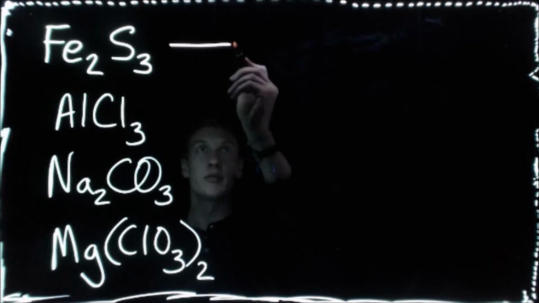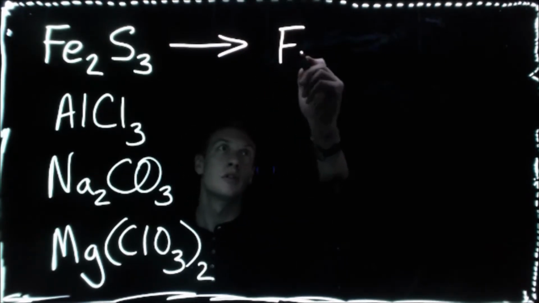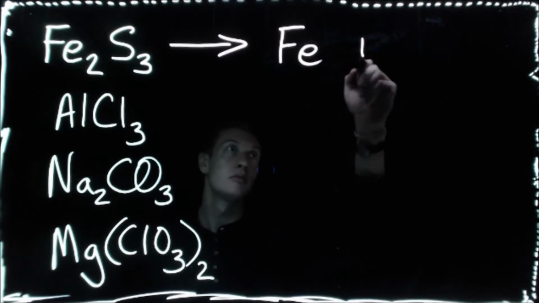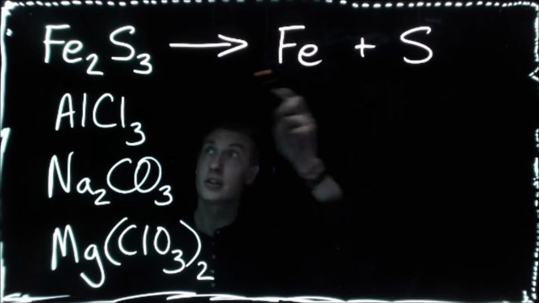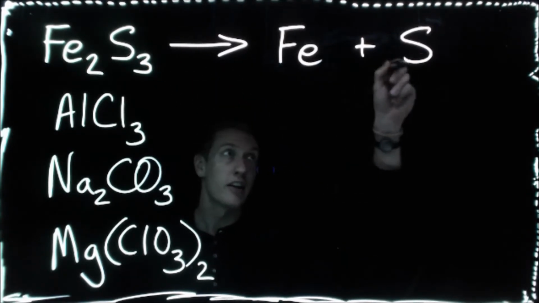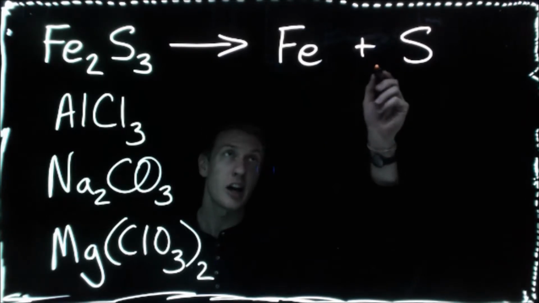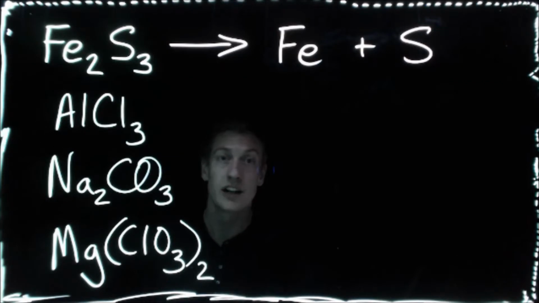When that breaks down, it's going to form iron and sulfur. Now, since there's nothing special about iron 3 sulfide and neither of those two elements are diatomics, then I can just write down the elements.